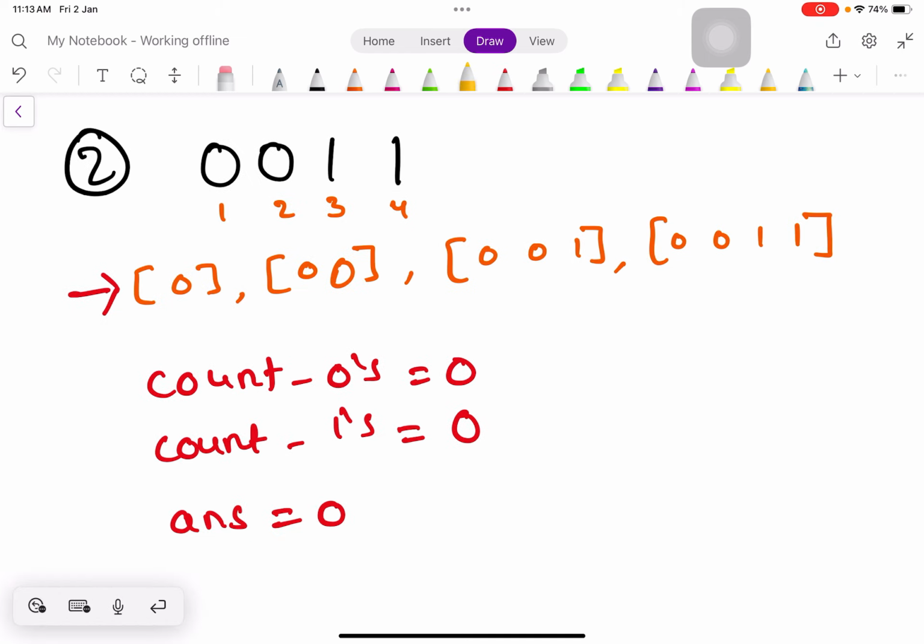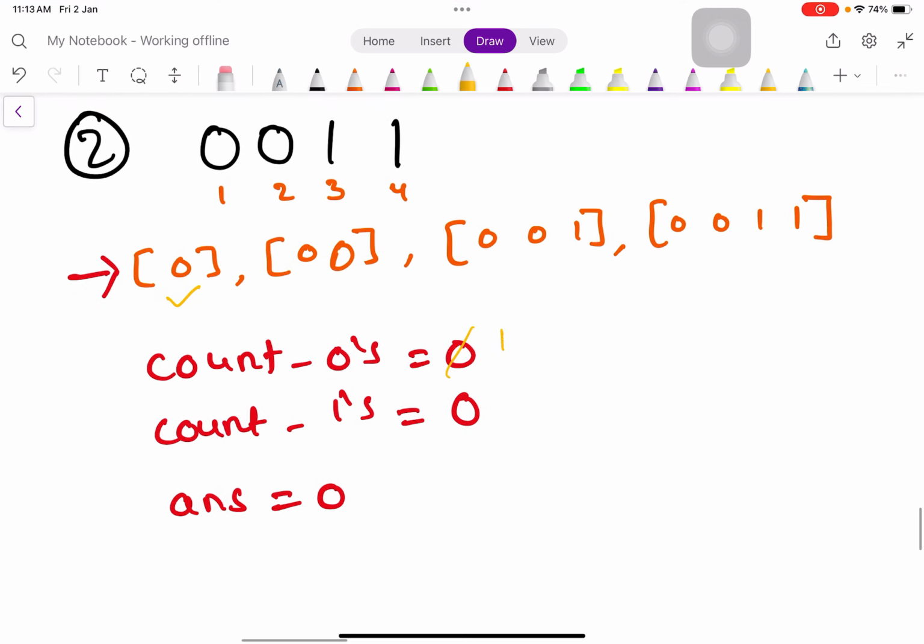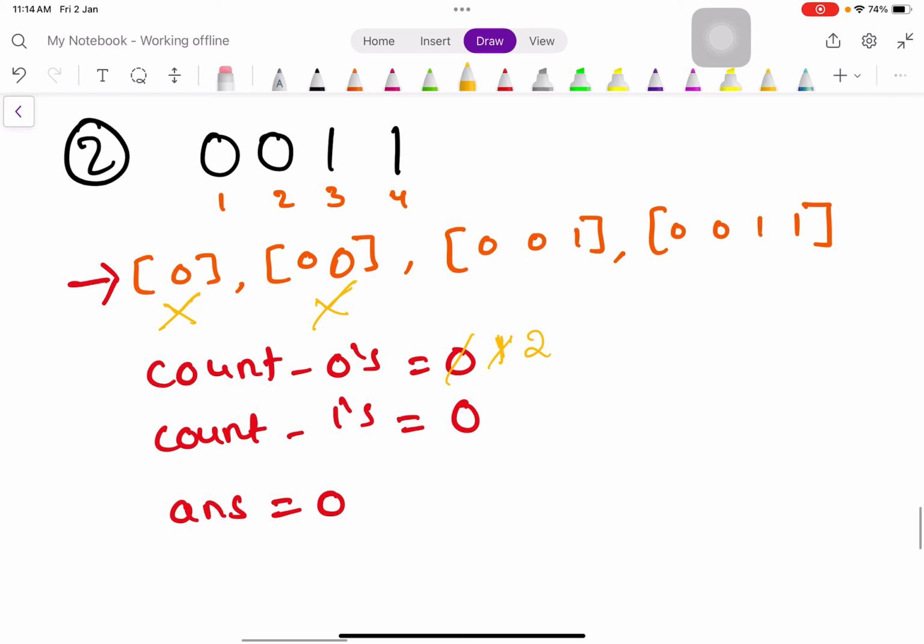We start iterating and get the first prefix. The count of zeros becomes 1. Is the count of ones greater than or equal to the count of zeros? No, so the answer won't increment. The next prefix comes and the count of zeros becomes 2. 0 is not greater than or equal to 2, so this is also not possible.